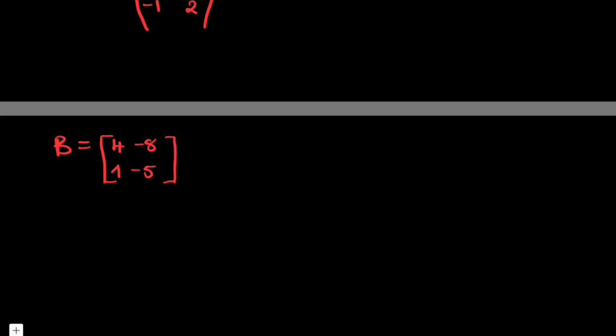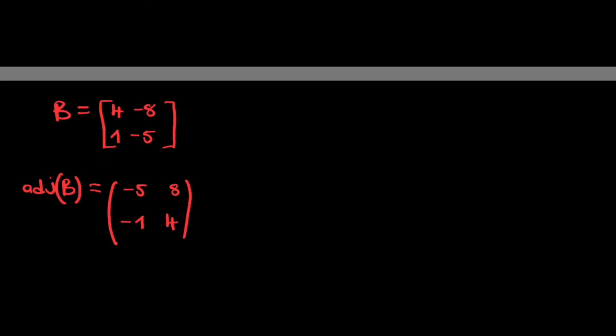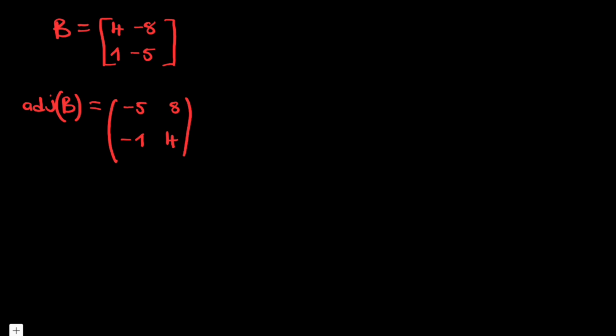So simply to find the adjoint of B, we interchange the elements at the leading diagonal, which is 4 and minus 5. We interchange them, and then we change the signs of those which are not at the leading diagonal. So here we have 8. It was minus 8, so the sign changes to 8, and now we have minus 1. So that is all for a 2 by 2 matrix.